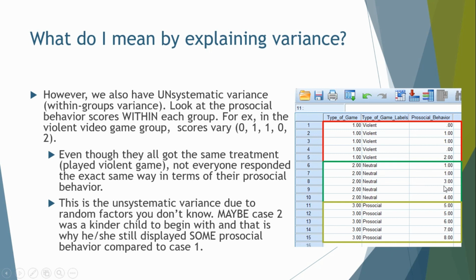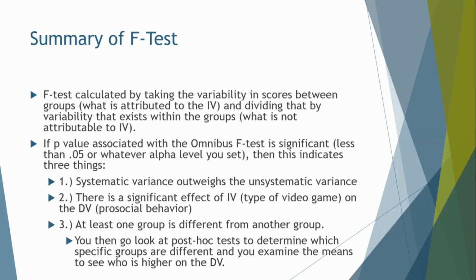Same thing with the neutral group. We would expect everybody in this group maybe to have the same score, but that's not what's happening. There are other things explaining our DV, things that we can't figure out what they are. So those are the things that are just due to chance, okay?